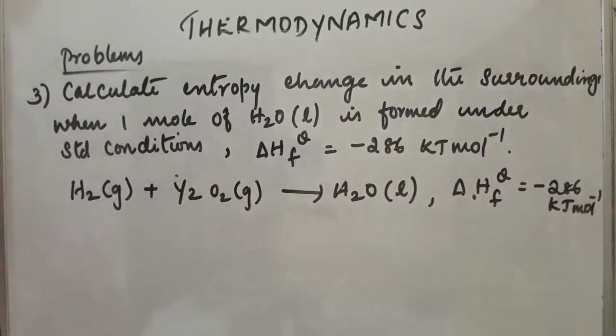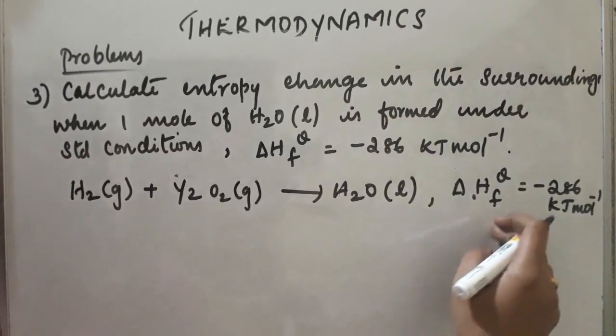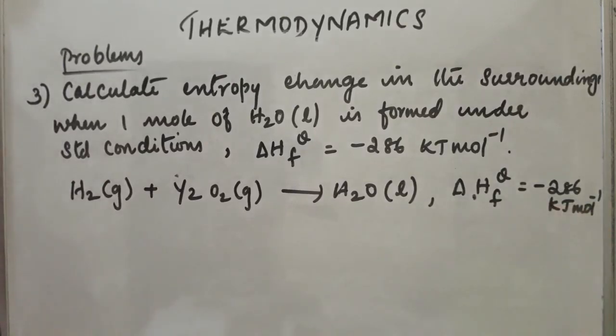So during this formation, this much energy is evolved from the system to the surroundings. When 1 mole of H2O is obtained, this much, 286 kilojoule heat, is evolved. That means surroundings will absorb this much heat.